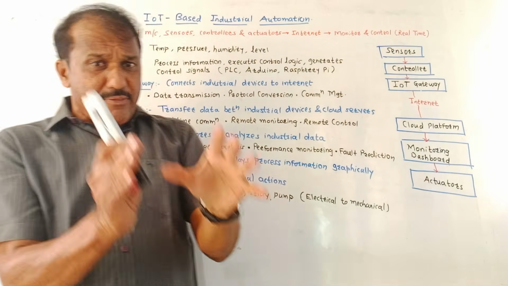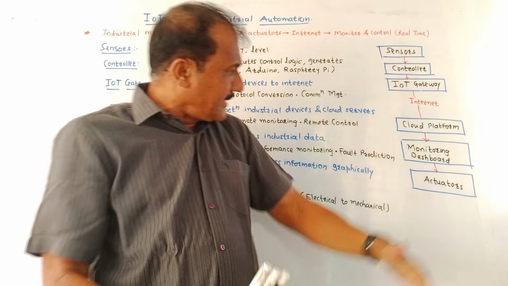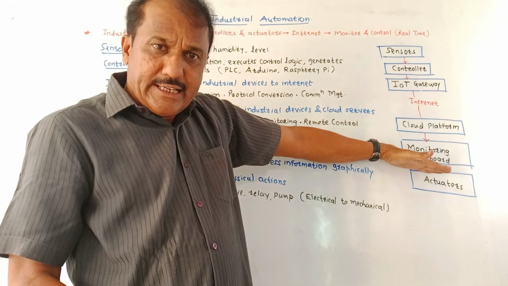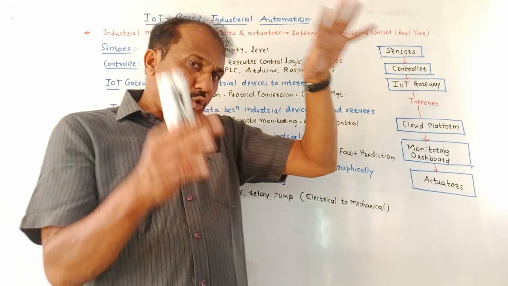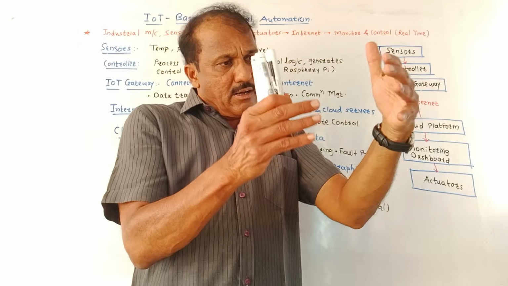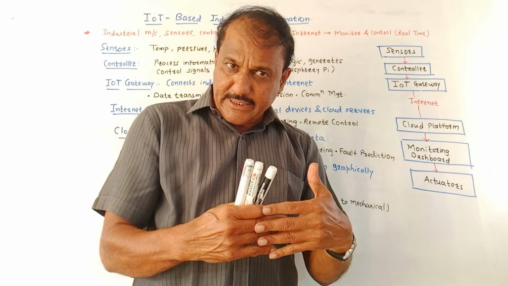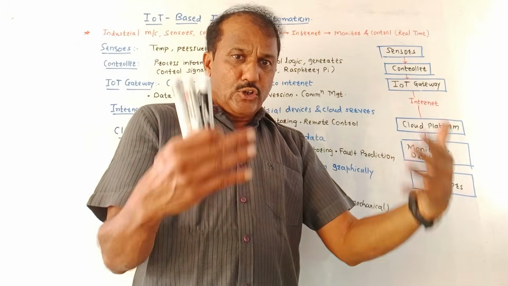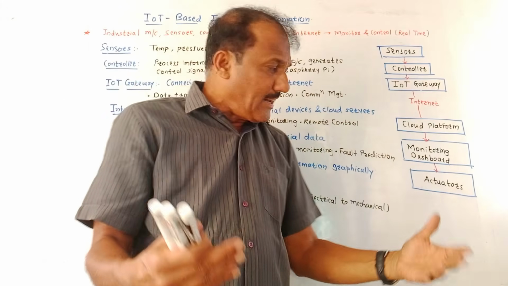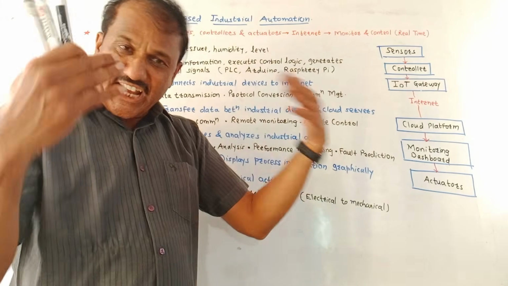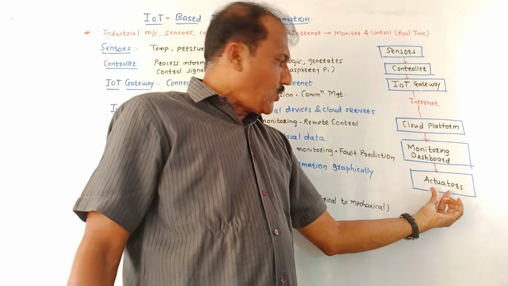Finally, there should be a device which will accept the electrical signal, because up to this stage the signal is electrical in nature. So the final block should accept the electrical signal, whatever it is, controlling signal or any logical signal, and convert it into physical actions. This is the major function of the actuator.